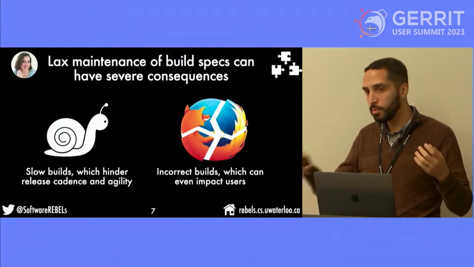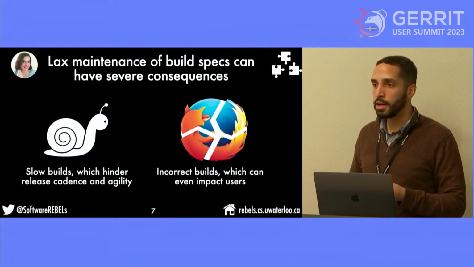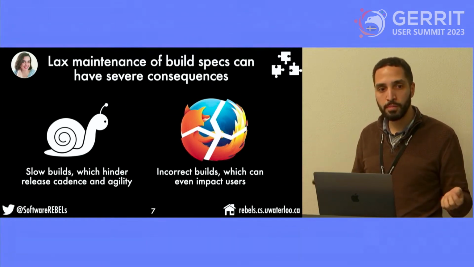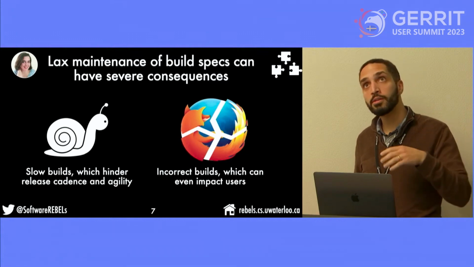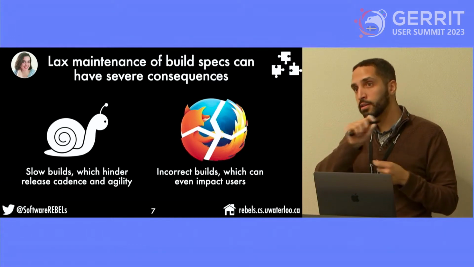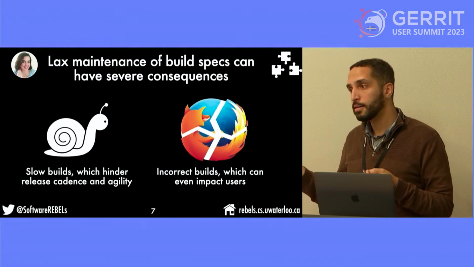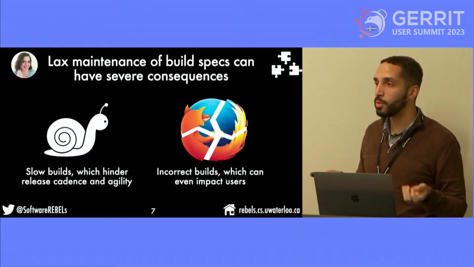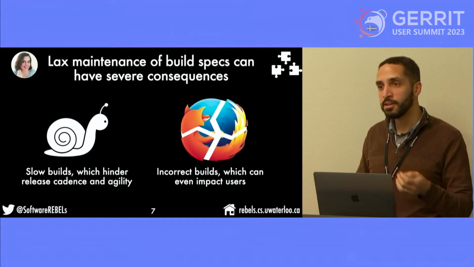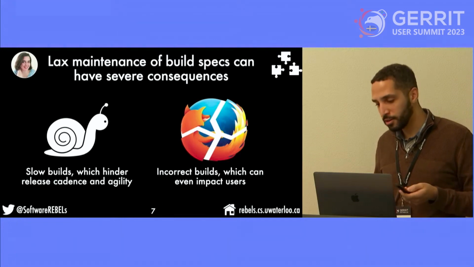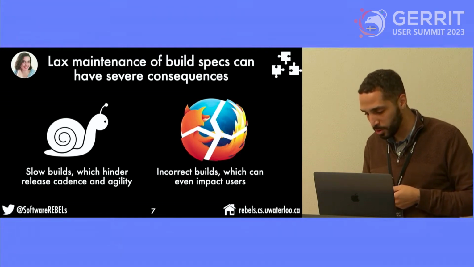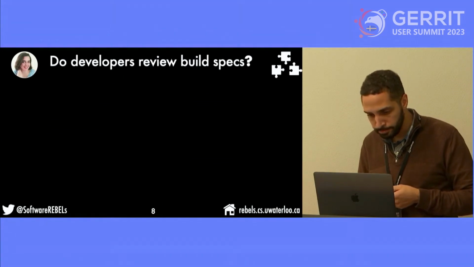So because they made a bug in their build, users with home directories that were mounted over the network couldn't access the address bar and search bar. Now, I don't know about you guys, but when I use a web browser, those are kind of the only things that I'm using. So it can have a big impact.